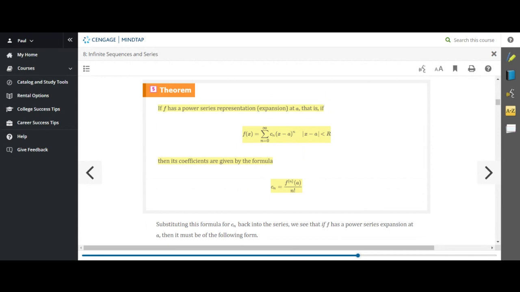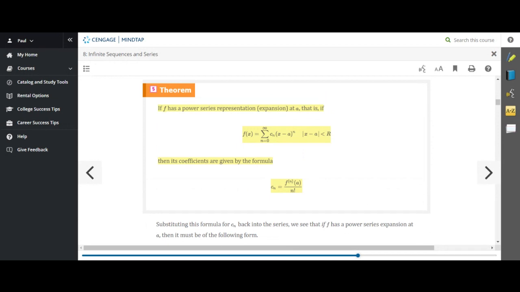The c sub n coefficient in the power series equals the nth derivative of the function evaluated at x equals a divided by n factorial. And of course, by the nature of this theorem, we have to assume that the function we're trying to find a power series for is infinitely differentiable.